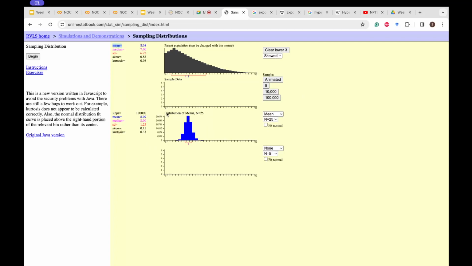Similarly, the distribution of sample proportions will also be following this. If you take certain items from here and find the proportion of it, there is an example, we'll see it later. So the distribution of the sample proportion will also follow a normal distribution, with the mean of that distribution closer to the population proportion.